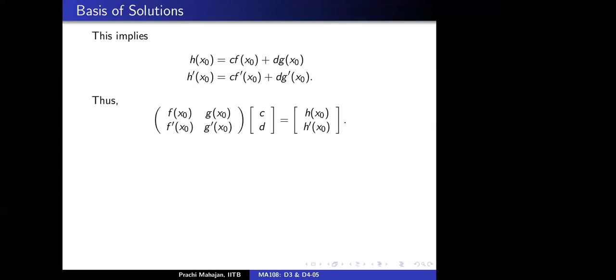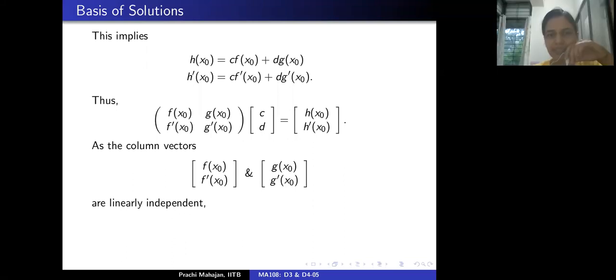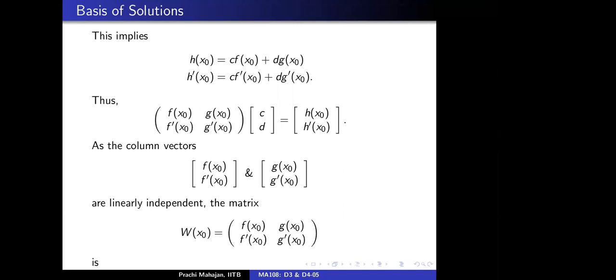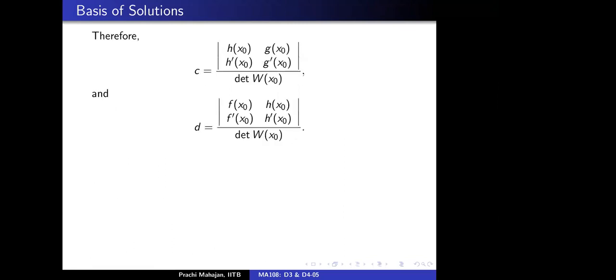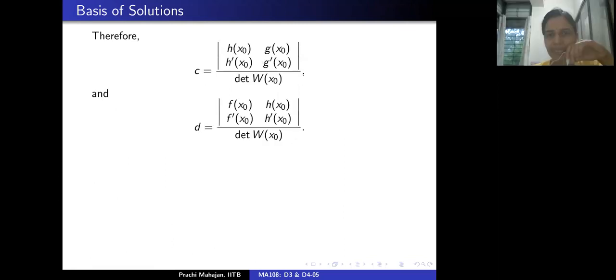The inverse exists. And what else? That this matrix is invertible, and there is a unique solution. There is a solution which can be written down in the following format, correct?